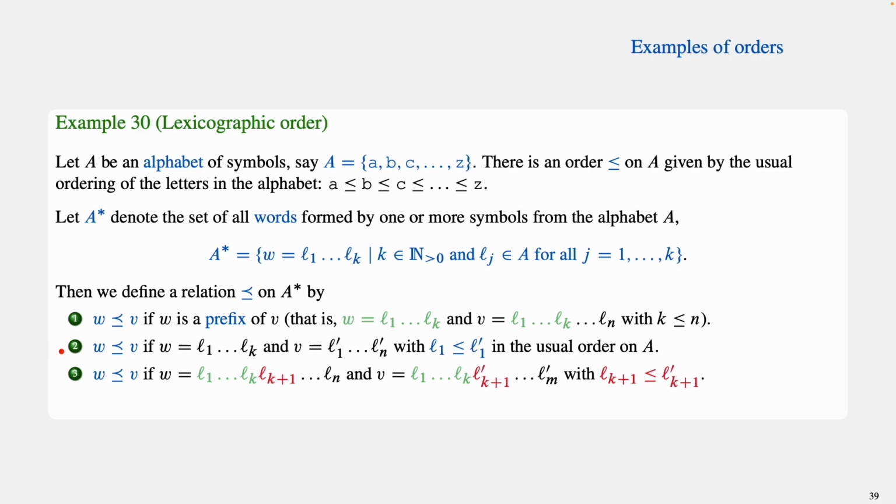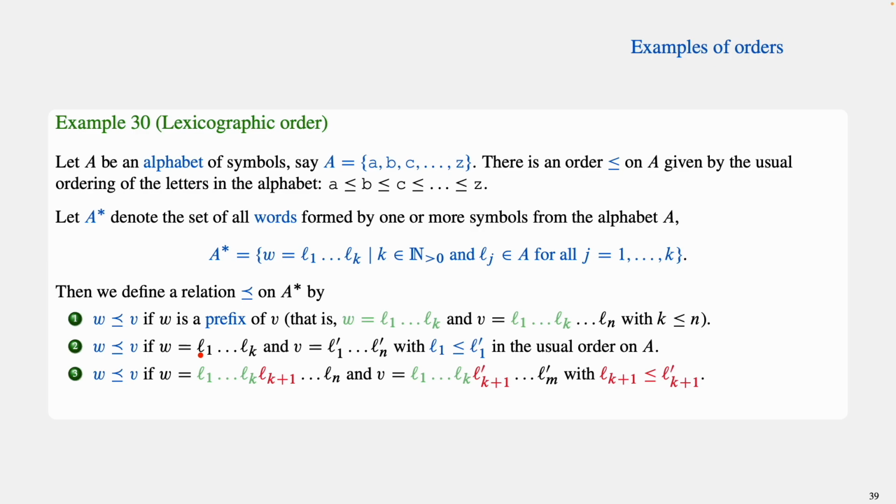Now, if W is not a prefix of V, then we have the next two cases. We also say W is less or equal to V if, again, L1 to LK are the letters making up W, and L1 prime to Ln prime are the letters making up V, and the letter L1, so the first letter in W, is less or equal than the first letter in V, measured by the original order in the alphabet A. So we compare the first letter.